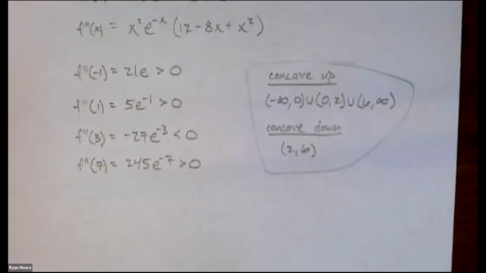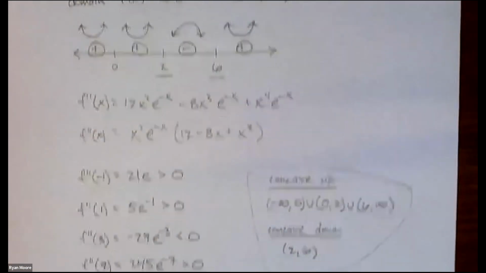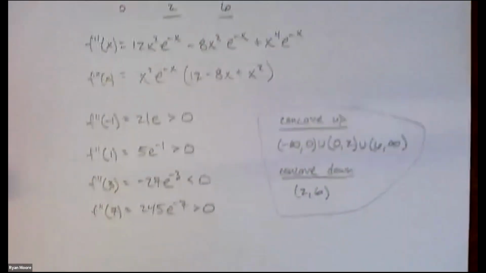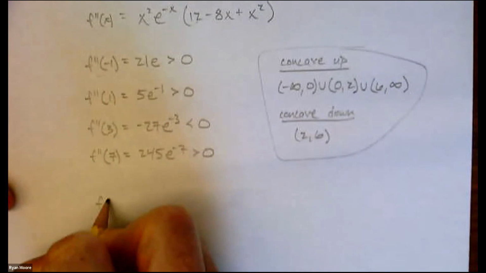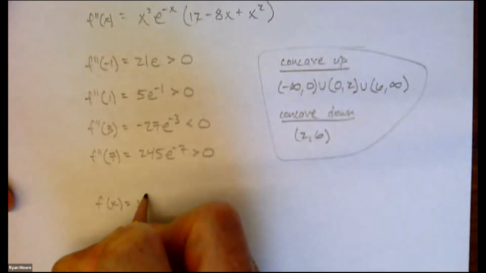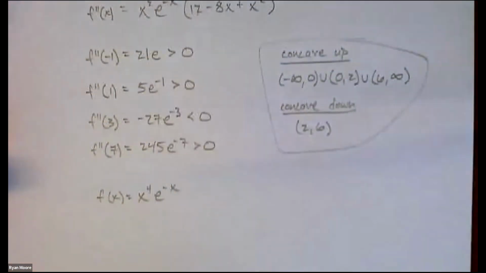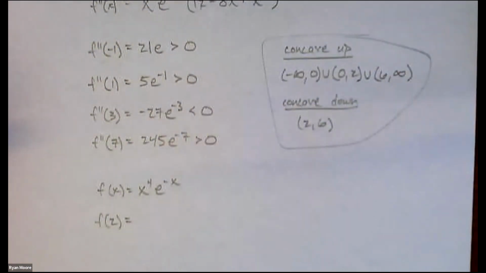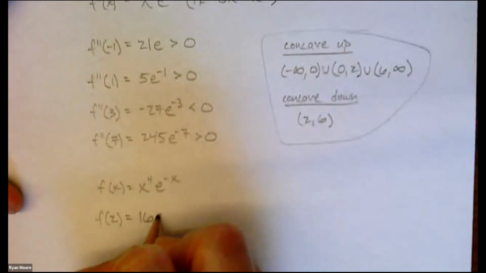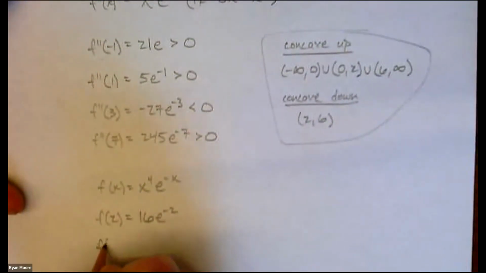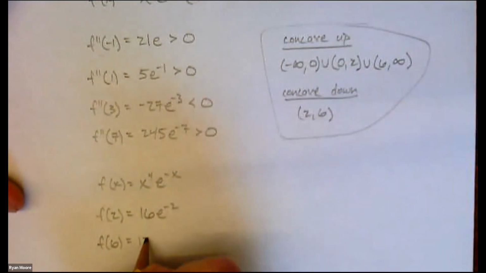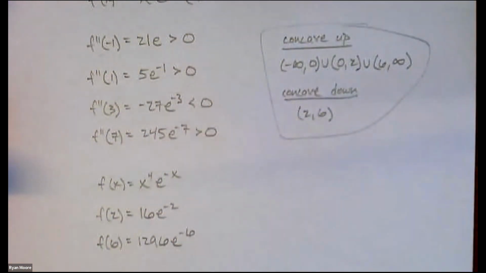So we need to get the y values. We need to plug both 2 and 6 into the original function. What was that original function? It was actually a lot simpler than that second derivative. It was this. So we'll find f of 2. F of 2 is 16 e to the negative 2. And f of 6, 6 to the 4th, that's 1296 e to the negative 6.